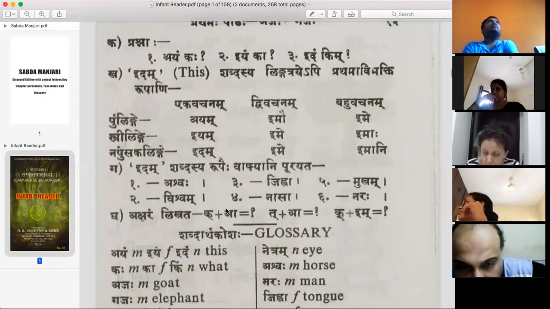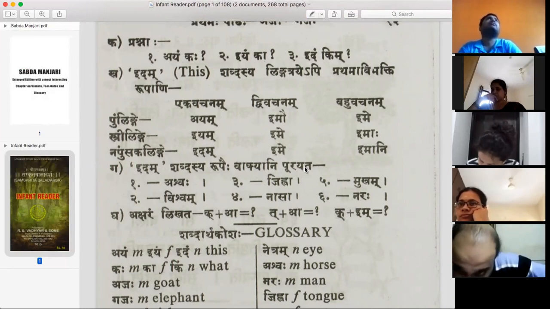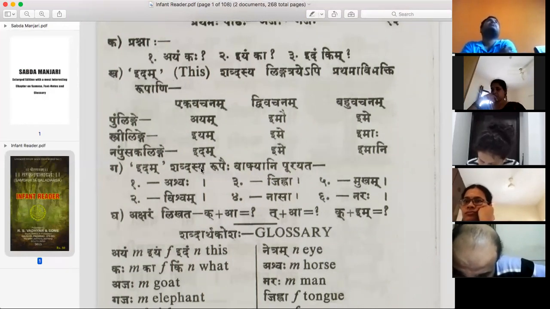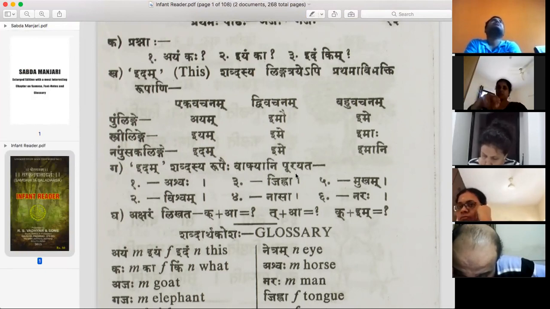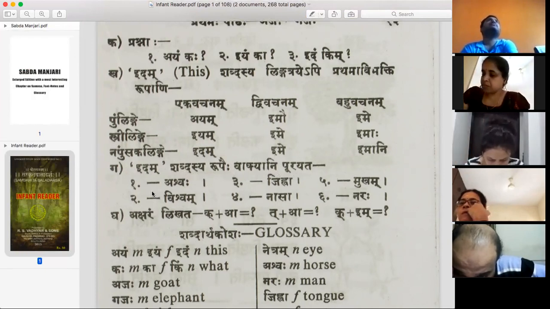So then the third set of questions is idam shabdasya rupaihi vakyani purayata. What it means is, with the forms of idam shabda, fill in the blanks, fill up the sentences. Vakyani means sentences. Purayata means fill up. So complete these sentences with the forms of idam shabda.